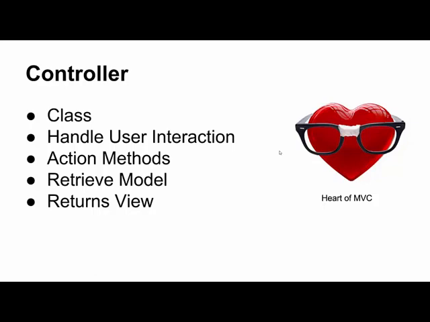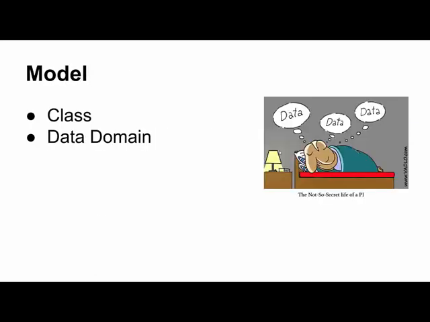Retrieving the model is like getting the data from the database or file system or from some service or anywhere. So it will fill in the model and give it to the view. The view is supposed to render it. So whatever the user is supposed to see, that will be taken care of by the view.